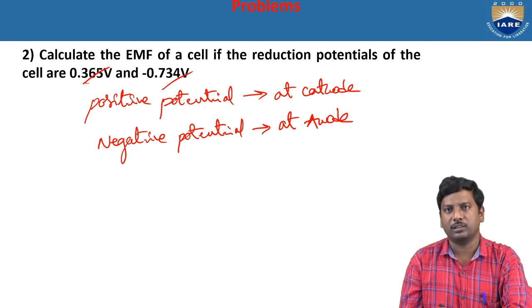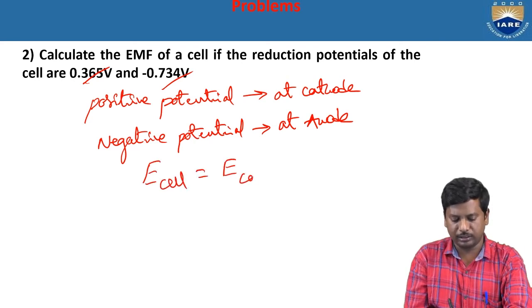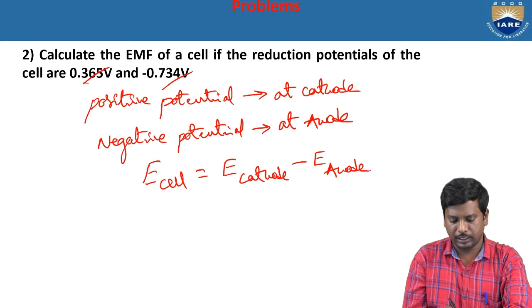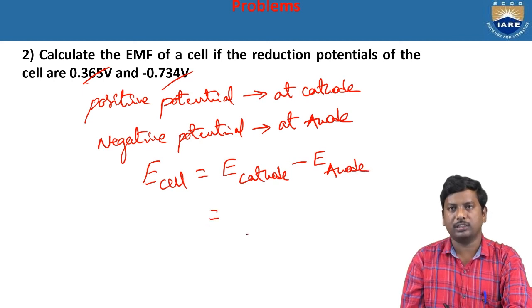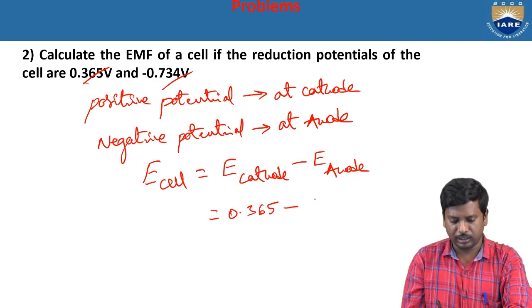And the formula is E cell equals the potential at the cathode minus the potential at the anode. So we get 0.365 volts minus the potential at the anode, minus 0.734 volts.